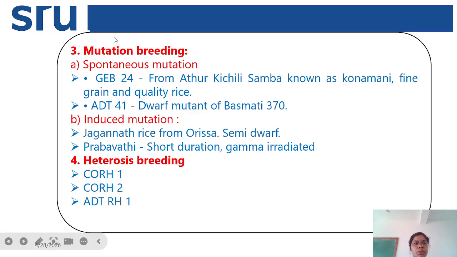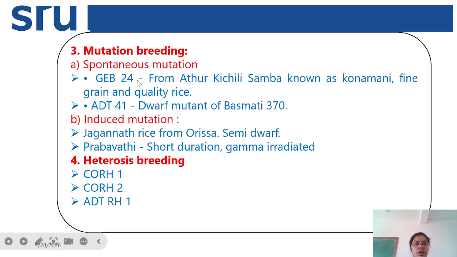And next is mutation breeding. Generally, mutation breeding is mostly used in rice. We have two different types of mutations, that is spontaneous mutation and induced mutation. Through spontaneous mutation, they have developed two mutants, that is JEP24 and ADT41.